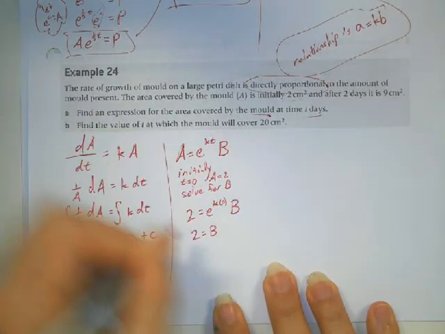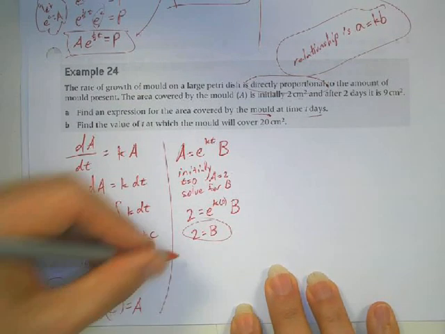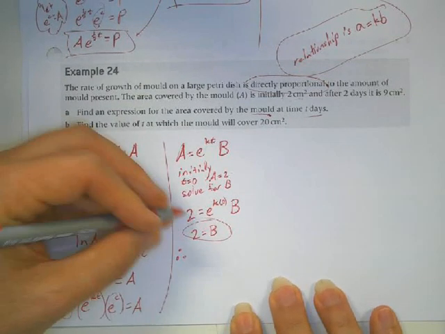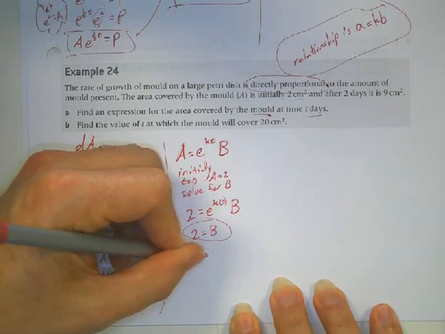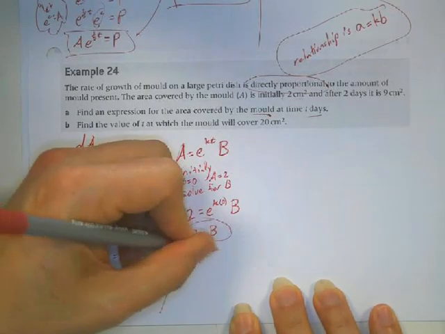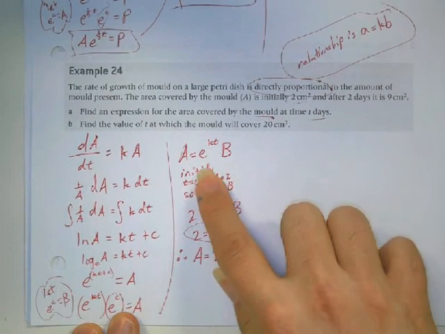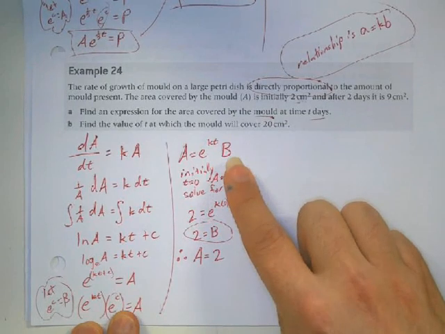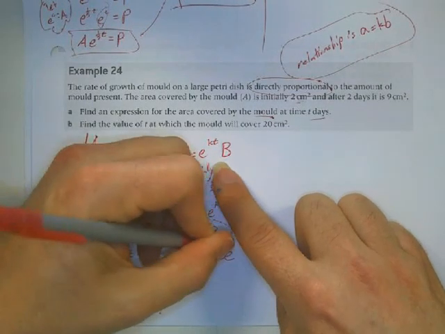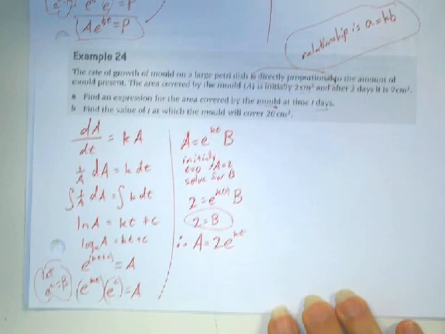So now I can rewrite the equation as the area is equal to 2 times e to the kt.